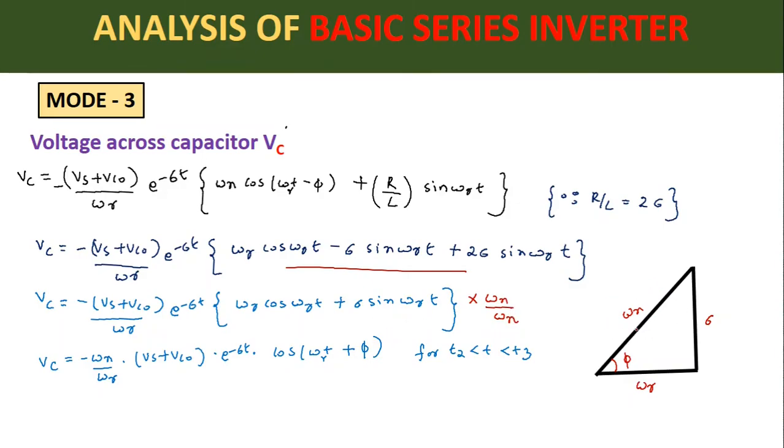After that we apply cos phi is equal to omega r upon omega n, and sin phi is equal to sigma upon omega n. In place of this we get cos phi, and in place of this we get sin phi. After this we can apply the formula of cos(omega r t plus phi) here. So this is the equation for the capacitor voltage for time t2 to t3 for mode number 3 operation.